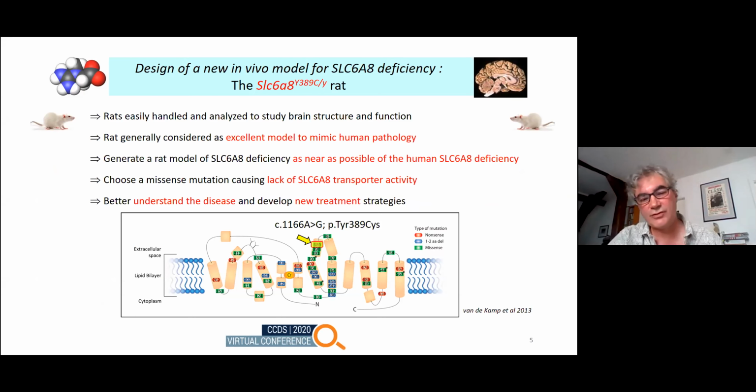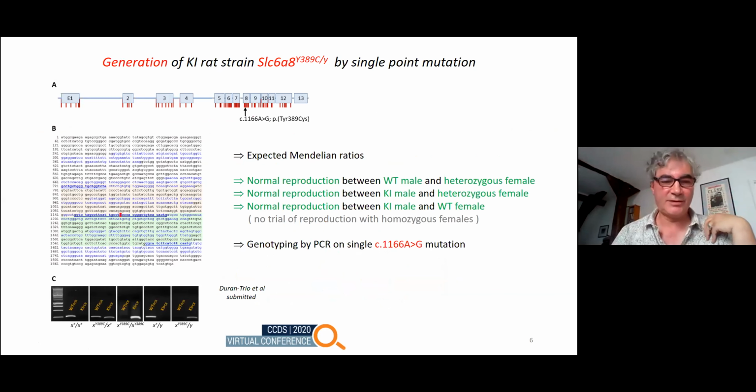And we decided to choose one of the mutations observed in the patients that was described as completely abolishing the transporter activity, which is amino acid 389, and the mutation is a change from an A to a G, and it makes the tyrosine become a cysteine amino acid. And so I will show you our main results for characterizing this rat in this first part of the talk.